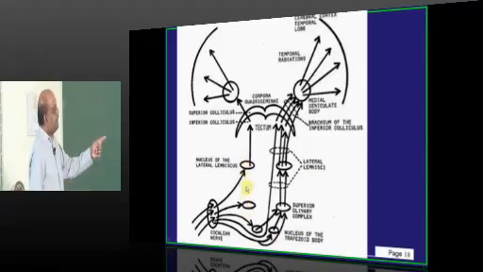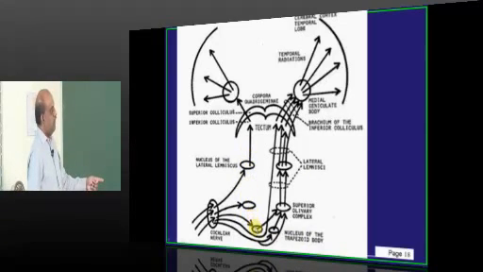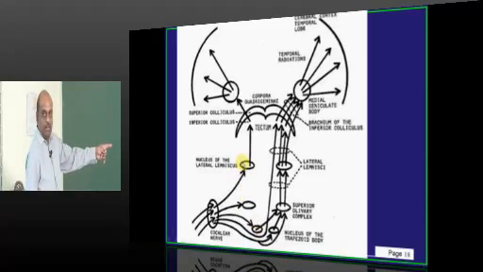Let us see. Typically you have two types of cochlear nuclei, ventral and also dorsal. So what is ventral doing, what is dorsal doing?